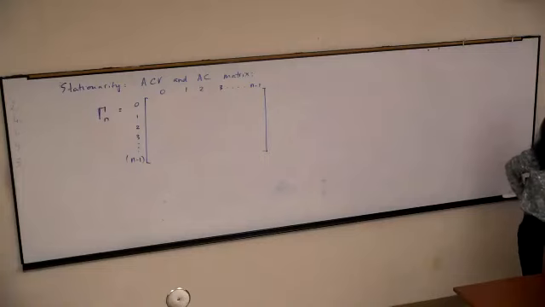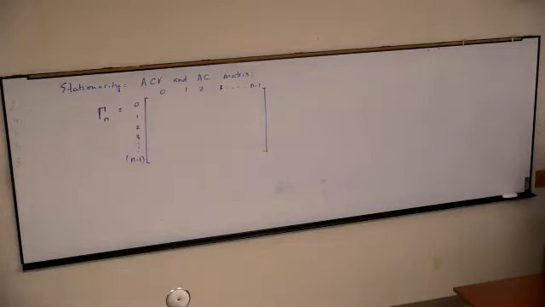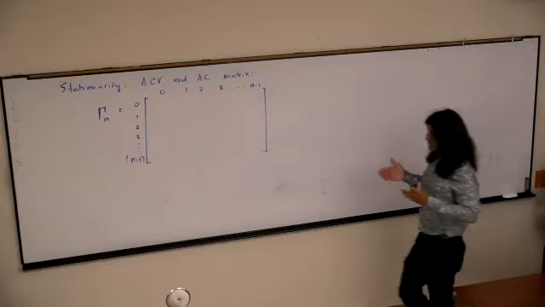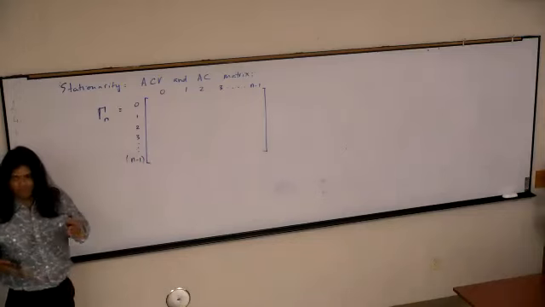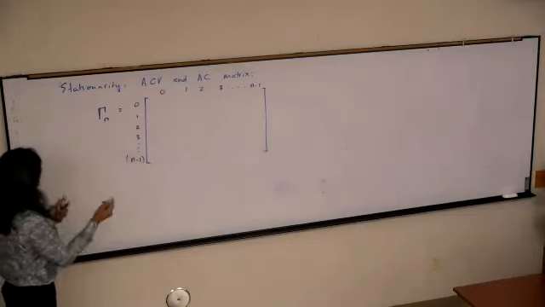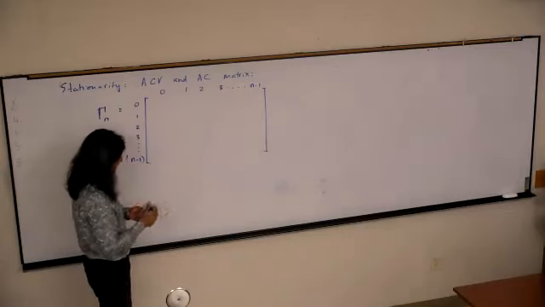I used the gamma notation some time ago. So the notation that we use for the autocovariance function is gamma sub h. And if h is 0, I'm referring to variance.